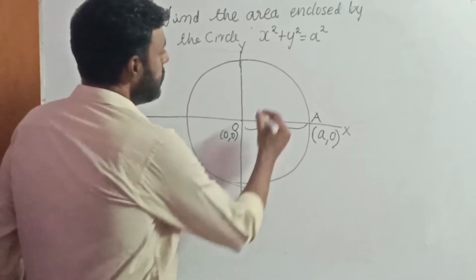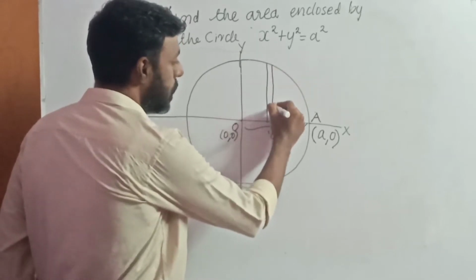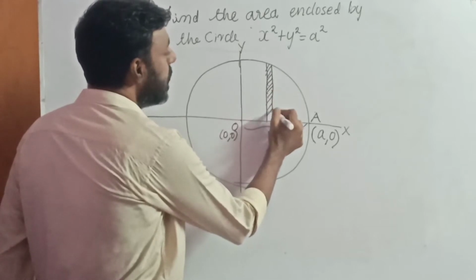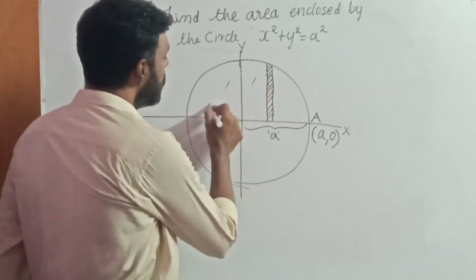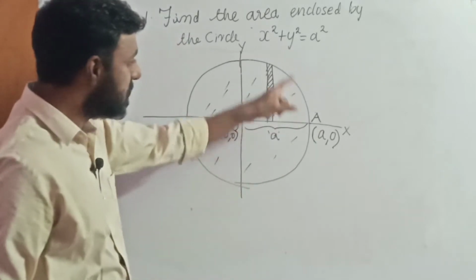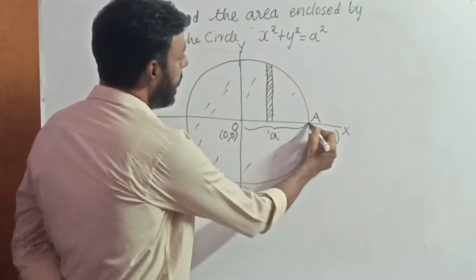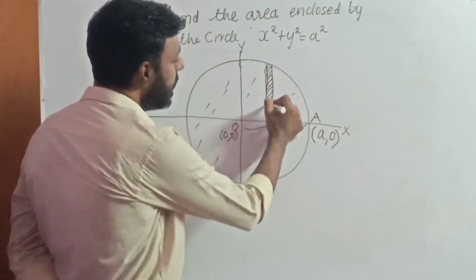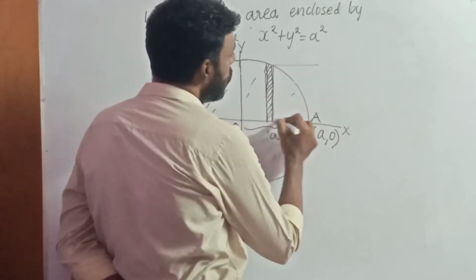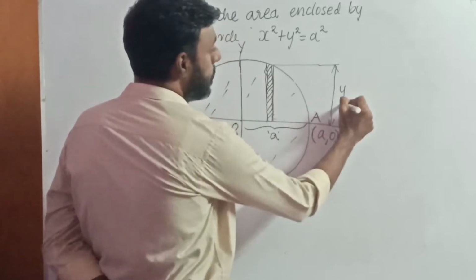So now I am going to consider a vertical strip. Okay, this is the vertical strip, and I am interested to find the area of this entire region that has been enclosed by this circle. So this is the origin, this is the point A. Now I am considering a vertical strip over here, and let the length of the vertical strip be y.